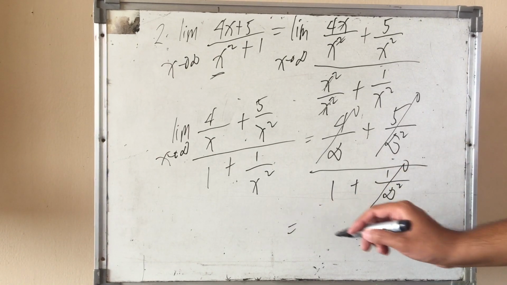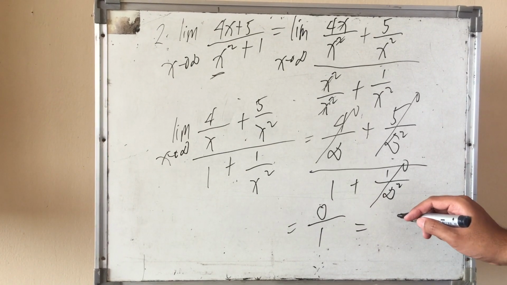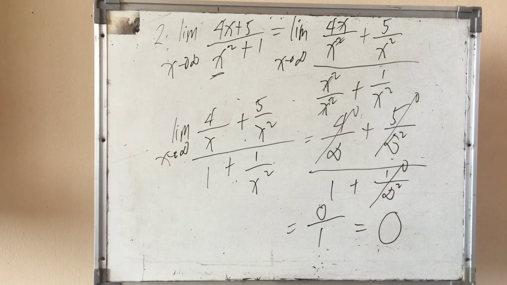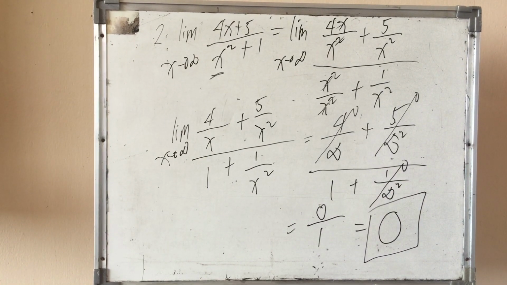So we now have 0 over 1, which is equal to 0. So the limit of (4x + 5)/(x² + 1) as x approaches infinity is equal to 0.